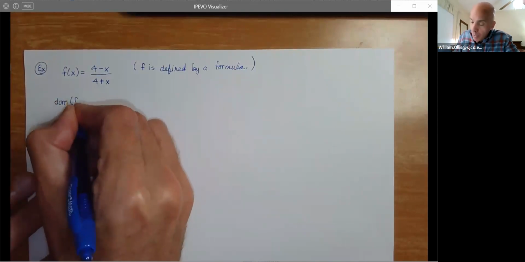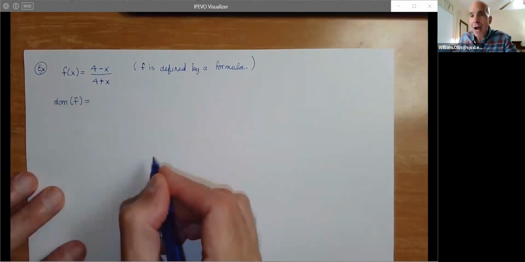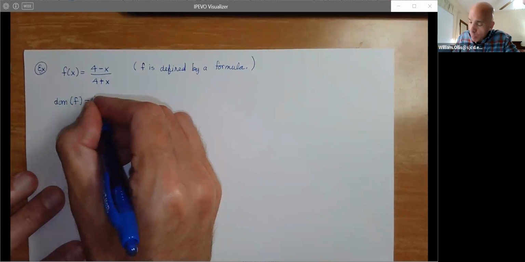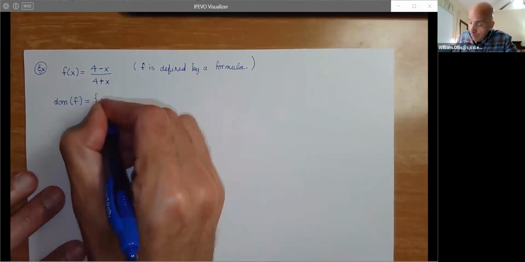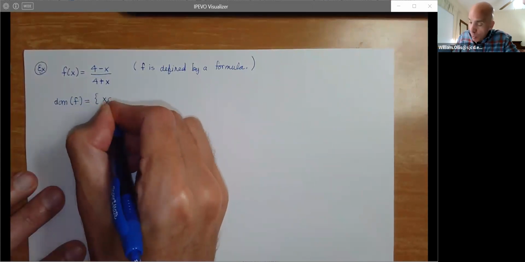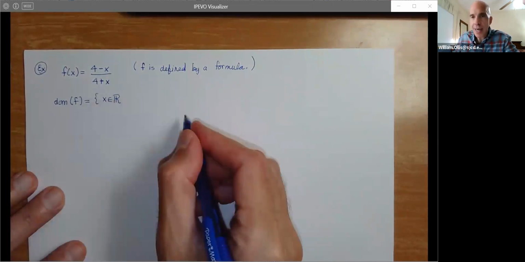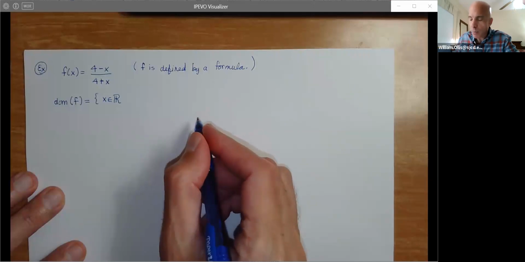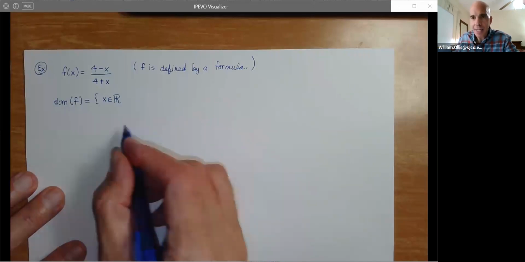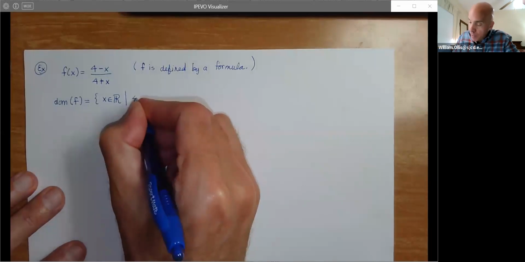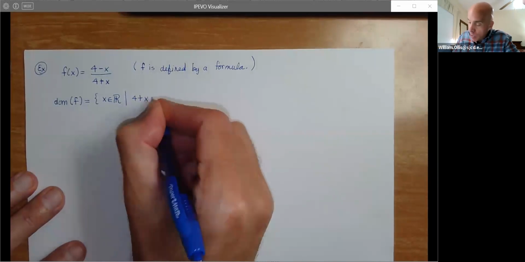We'll do this formally, and then we'll write it in a way that maybe WebAssign would ask us to do. Here's the formal definition: x real, and you don't always have to say x element of R. You can just say x because it's assumed to be in the real numbers. But I'll do it formally, at least for now, such that 4 plus x does not equal 0.